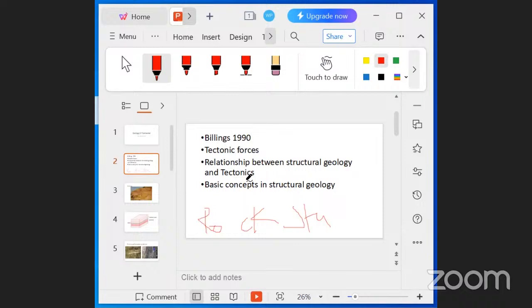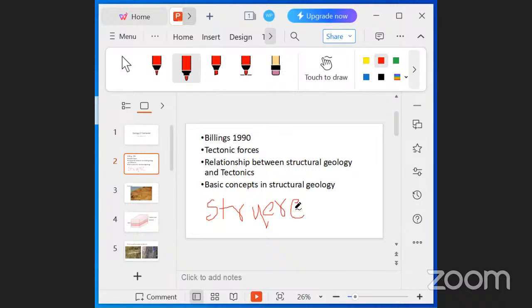The term structural is derived from the Latin word struere, which means to build. It means to build.